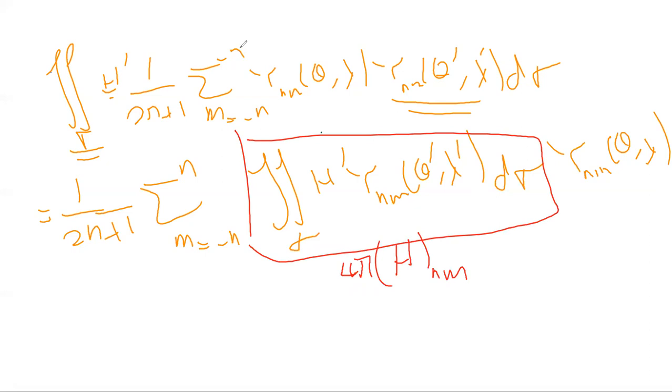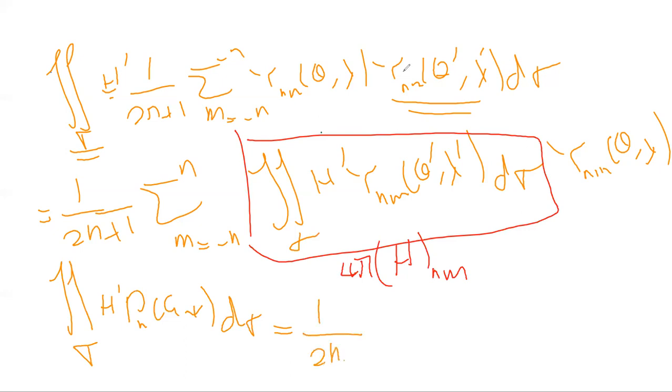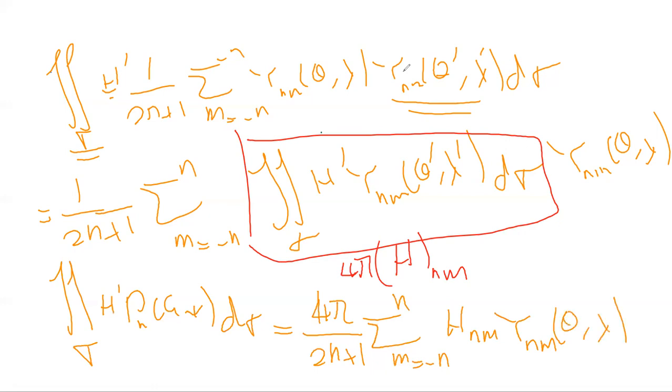Therefore, the result of this integral, integral h prime P_n cosine psi, and the potential will be 1 over (2n plus 1) summation, and I have 4 pi here, of course, m is minus n to n, h_nm Y_nm theta lambda. So this is the solution of the first integral.